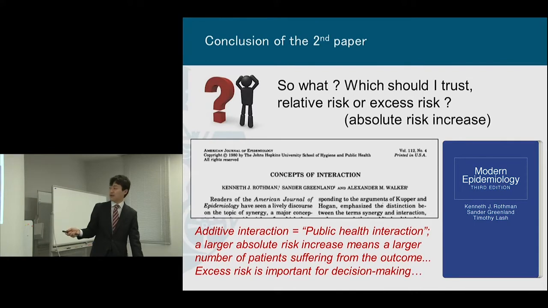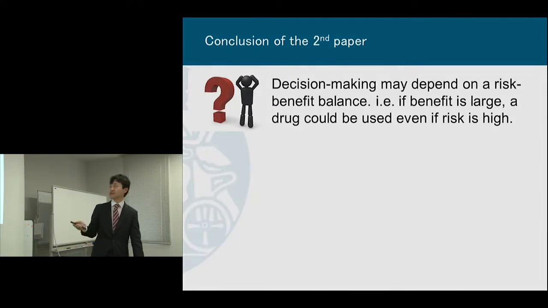But what I thought was, if discussing decision making, my interest was also the risk-benefit balance. So coming back to this original question, risk-benefit balance. If the benefit is large, a drug could be used even if the risk is high.